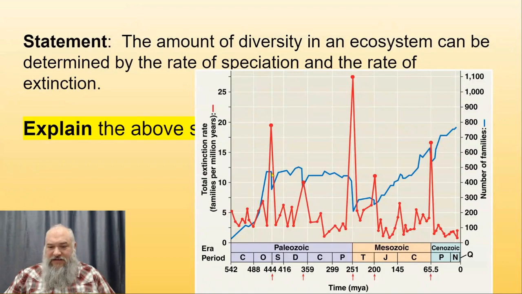You see this area where it's fairly level, that's where the extinction rate and the speciation rate are about the same. Here, extinction rate was way more than speciation. All through here, we had a long time with relatively low extinction and high speciation. Lots of diversity developing in that time.